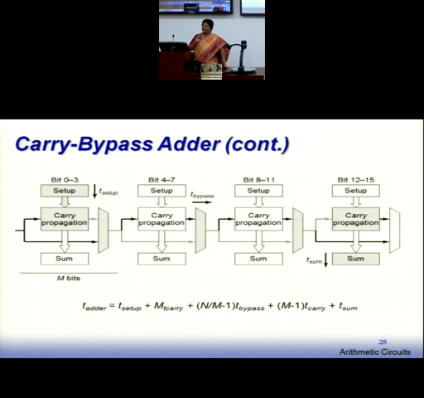Now here is a question that people thought about: how to make the blocks? What is the optimum way of making the blocks? Should they be uniform? Should they be varying? One of the arguments was that you take 4 bits, 0 to 3. So 1 unit delay for computing all G and P functions.